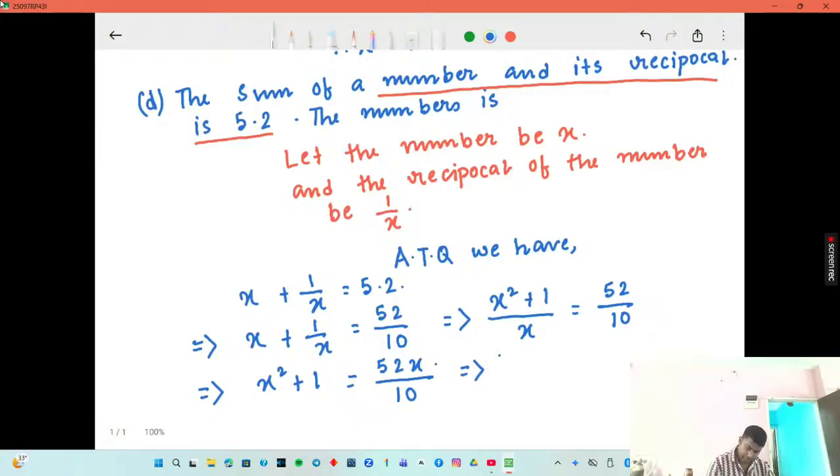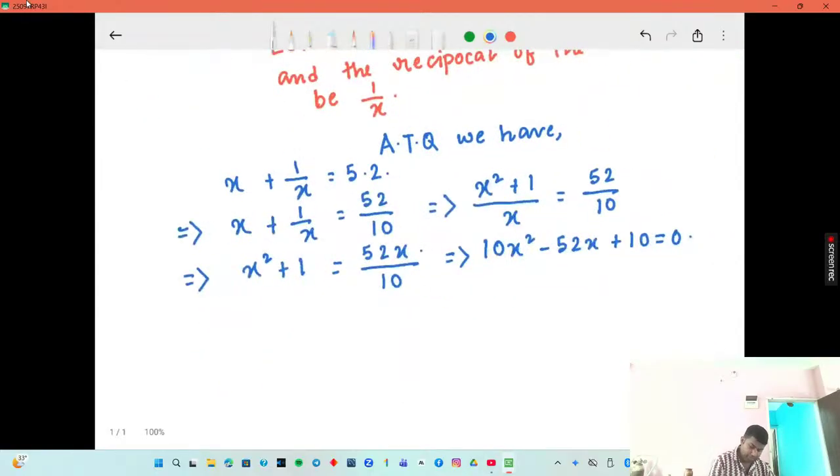Now 10x squared minus 52x plus 10 is equal to 0. So now we can see that 10x squared minus 50x minus 2x plus 10 is equal to 0.